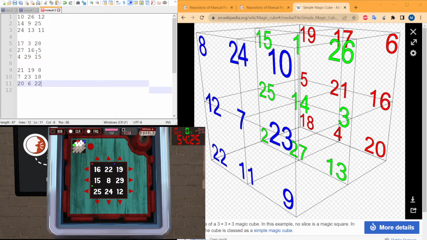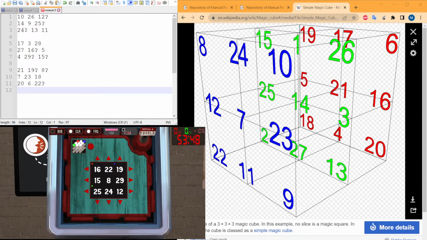16 with a question mark, 22, 19, 15, 8, 29, 25, 24, 12. Now I'm going to reshuffle these 9 numbers so as many of them as possible could go to their square.